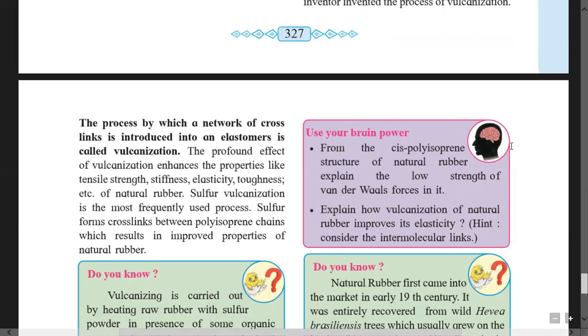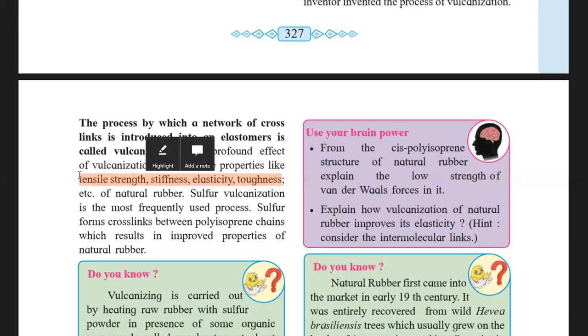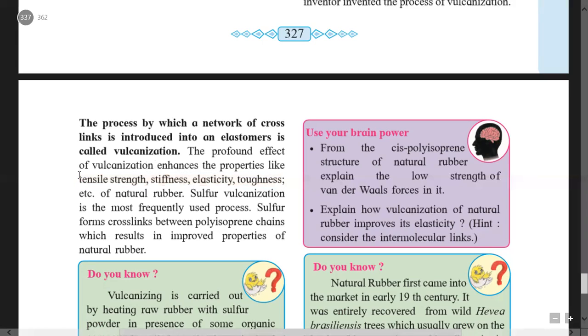This vulcanization enhances properties like tensile strength, stiffness, elasticity and toughness. These physical properties of natural rubber can be improved. Sulfur vulcanization is the most frequently used process.